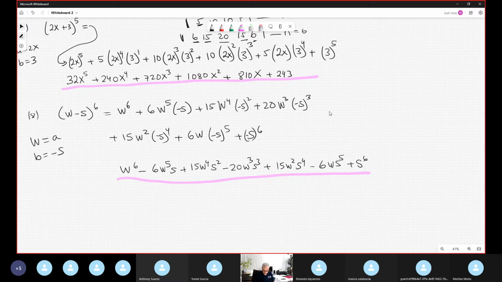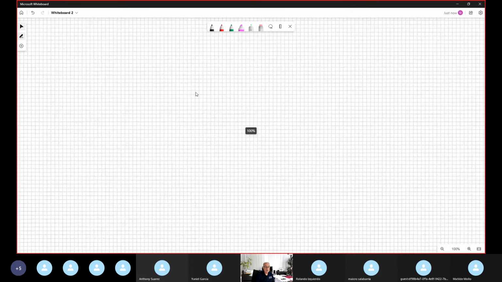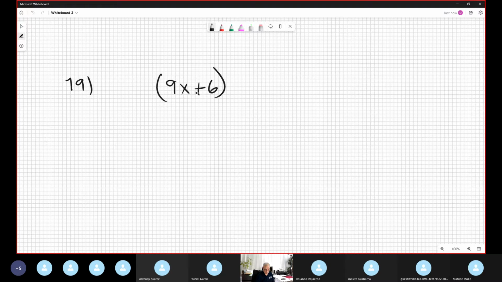You discover specifically one term. For question 19, can you find only one term in the expansion of the binomial 9x plus 6 to the cubic power?